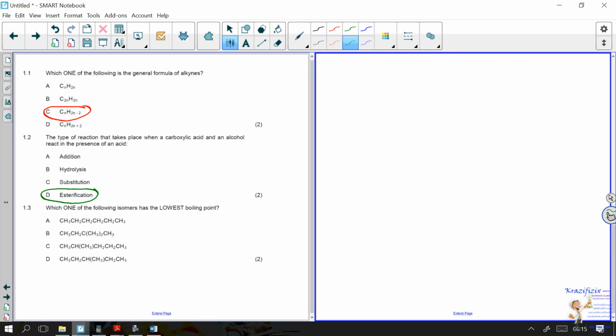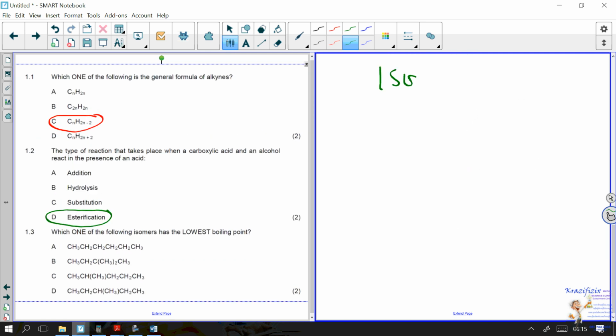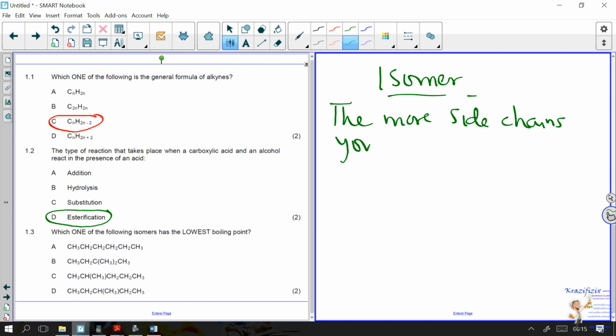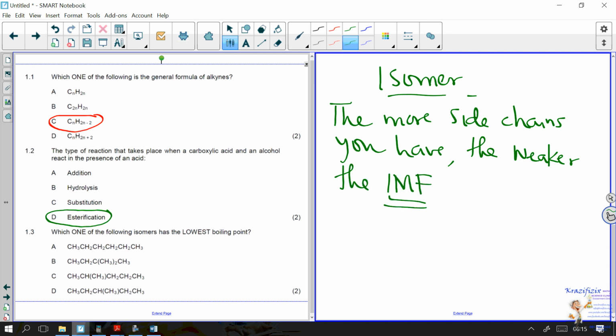Since it's an isomer, the quickest thing to say is the more side chains you have, the weaker the intermolecular force. The more side chains you have, the weaker the intermolecular force becomes. So what we need to do is check which one has more side chains.